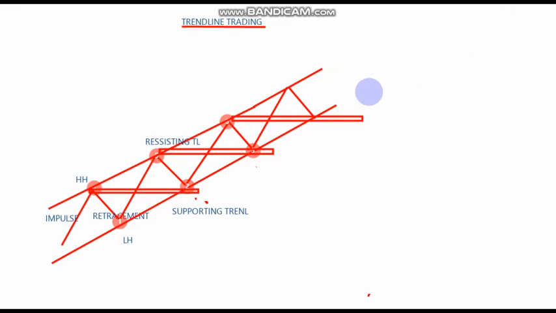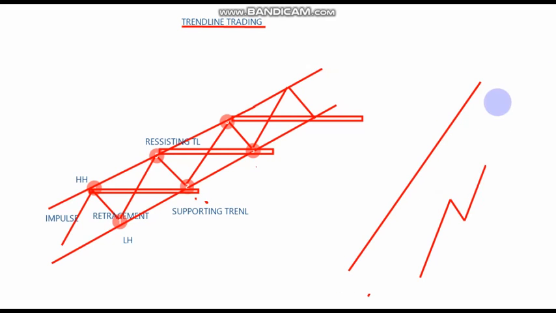So the thing is, in forex trading, the market is not a straight line. You cannot just move in a straight line. Market does not move like this. No, it's not possible. You must have this impulse and retracement. That's how the forex market moves. You don't expect a straight line like that. No, it does not go that way.